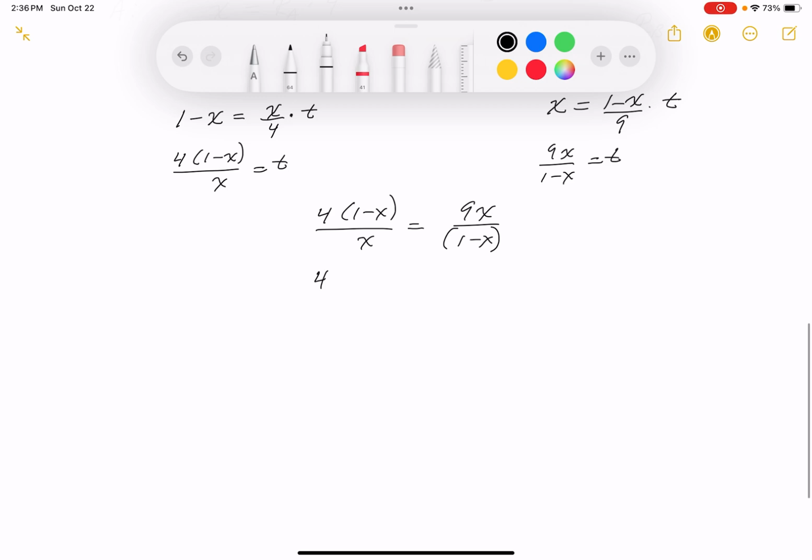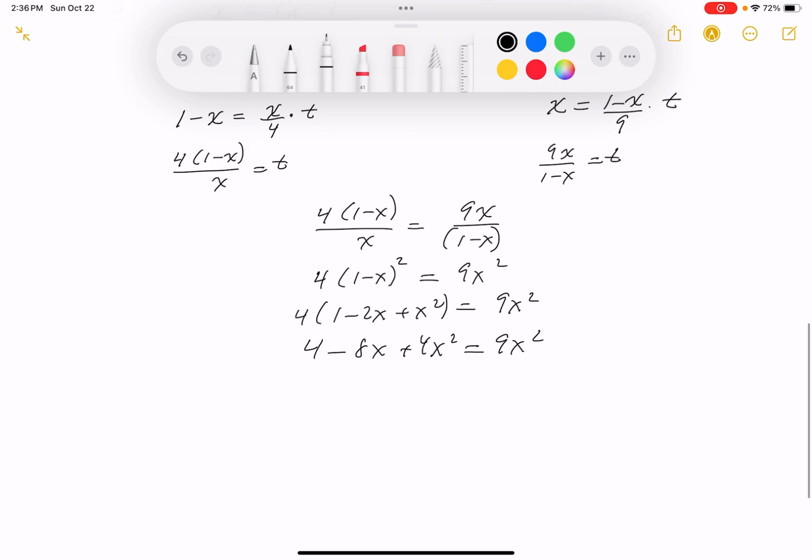Well, I got to do something, right? So 4 times (1 minus x) squared equals 9x squared. 4 times (1 minus 2x plus x squared) is 9x squared. 4 minus 8x plus 4x squared equals 9x squared.